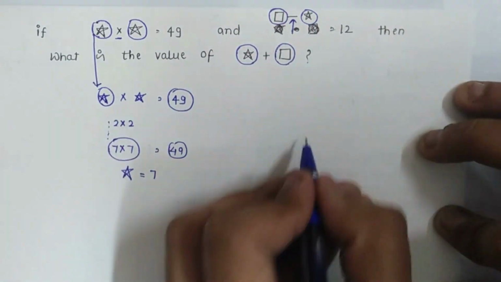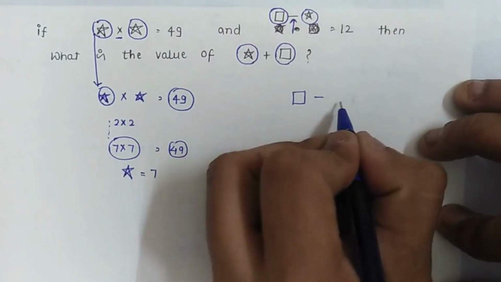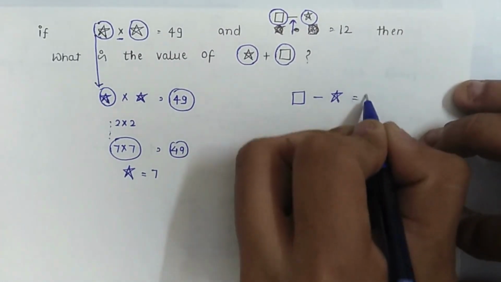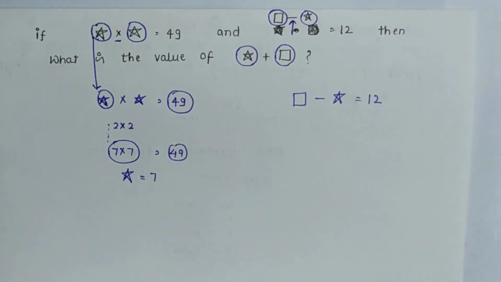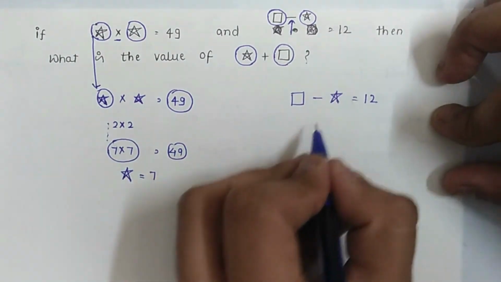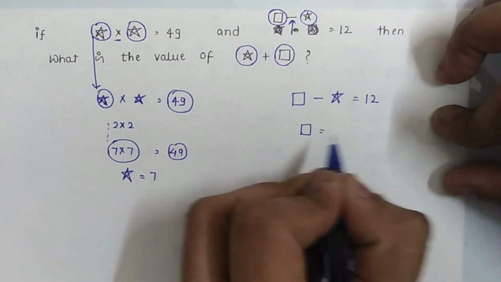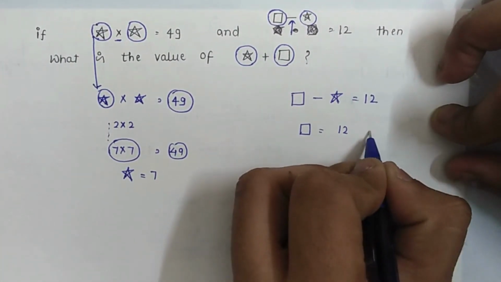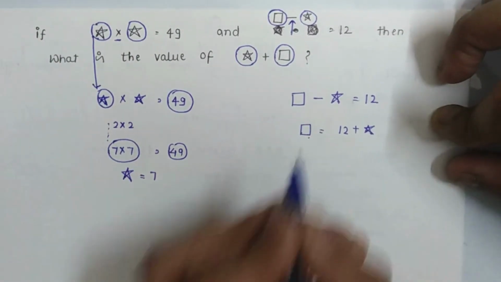Now if you look at the second statement that is given, square minus star is equal to 12. So if you add 12 and star, you will get the value of square.